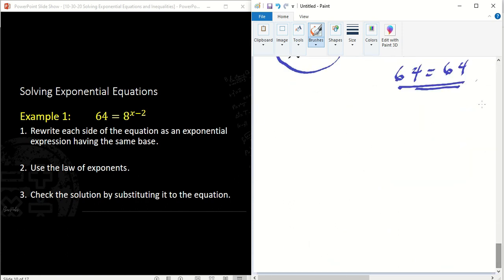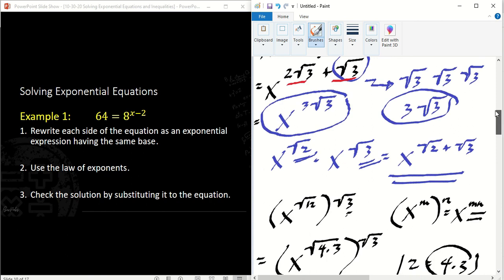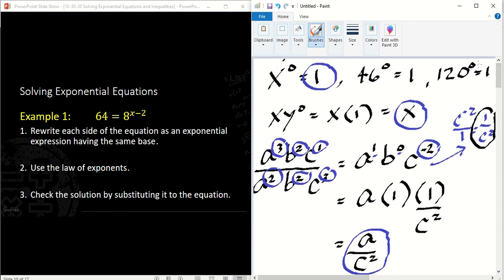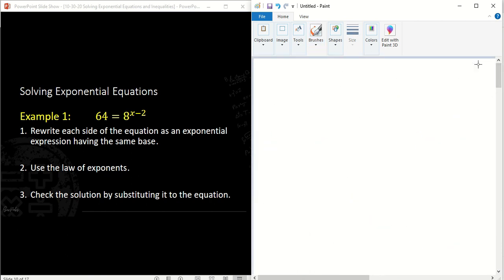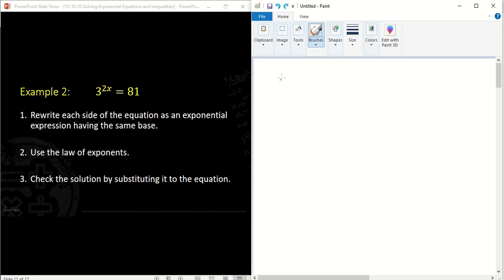Bubura na tayo ng whiteboard. So we have 3 to the 2x power is equal to 81. So, kailangan daw maging pareho sila ng base. Okay, never naman mangyayari na maging magkamukhang 81. Kaya, pagbasihan mo yung mas mababa.